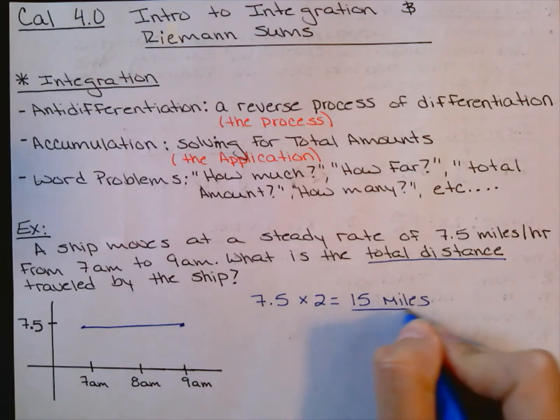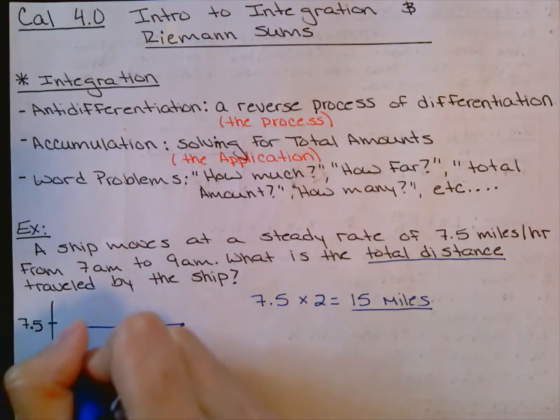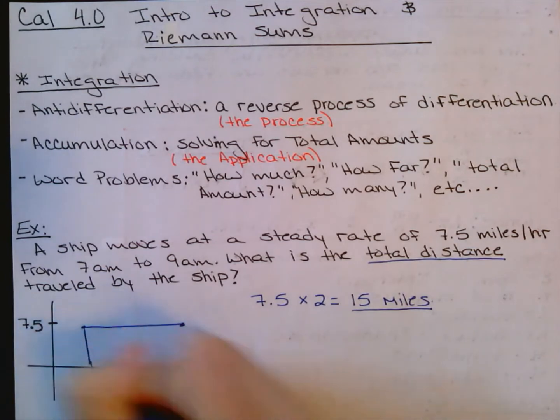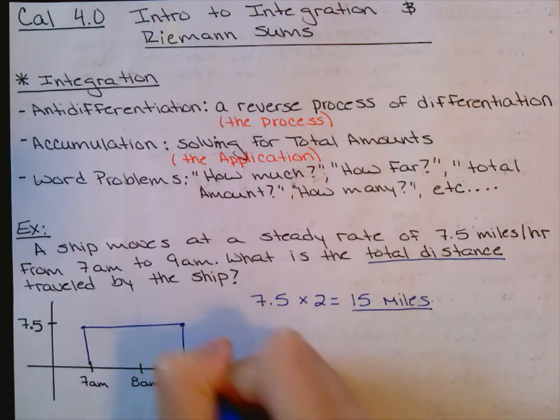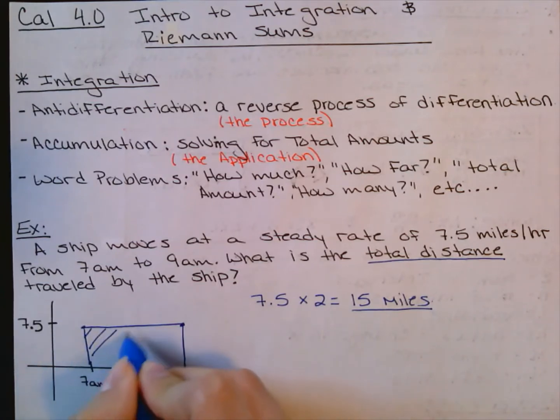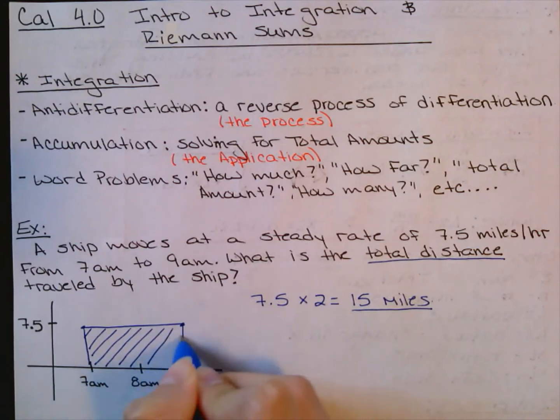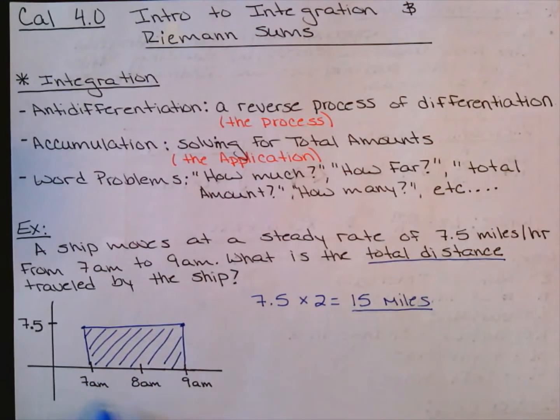Very basic, right? What I want to draw a conclusion to you now is that if you draw the shape that's underneath this function and you find the area of it, you are literally doing the same thing. The base was your change in x, right? I changed 2 different hours from here to here. In math, our change in x, we call that our delta, because delta means change.